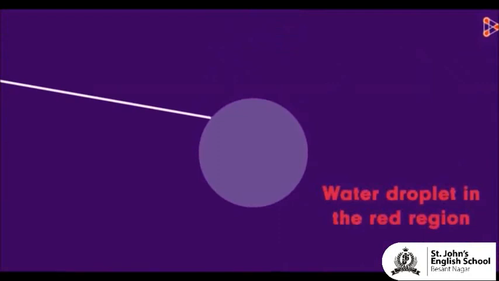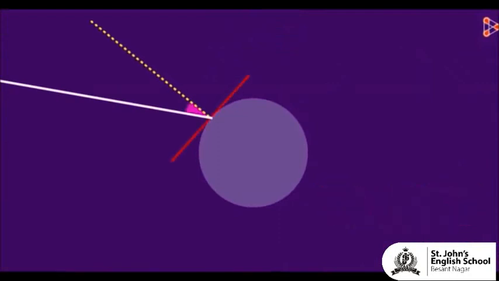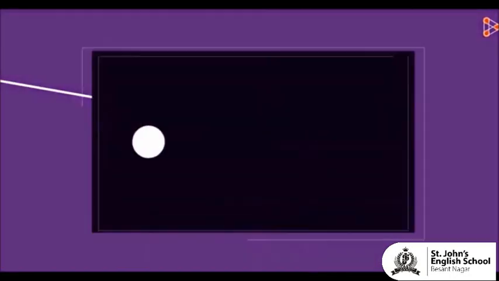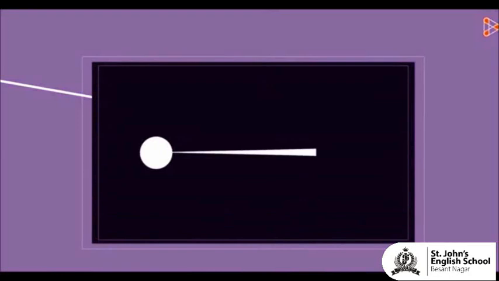So the water droplet in the red region reflects, and then the ray enters the water droplet. Again, total internal reflection occurs. So the rainbow is formed.